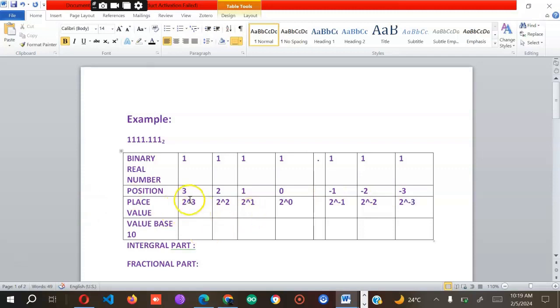Okay, let's expand this one. 2 raised to power 3 is 8. Well, this one is 4 and 2, and lastly the 1. Then for this one, 2 raised to power -1 is supposed to give us 0.5. Well, this one is supposed to give us 0.25, and the last part 0.125.